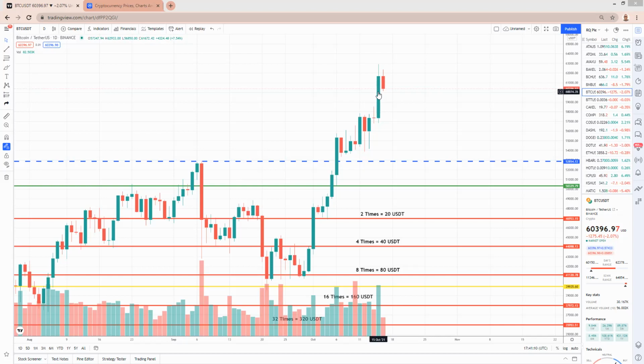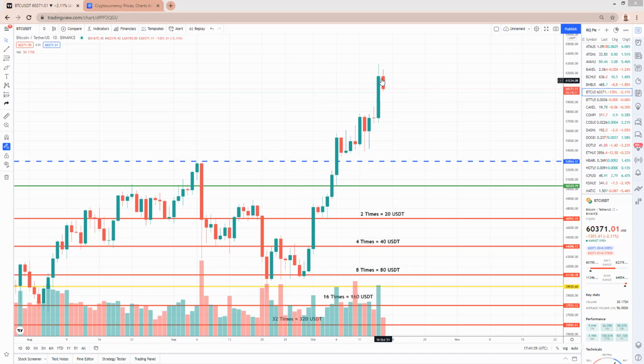Now, what determines the color of a candlestick? Or even before I go there, what forms a day? We are on a day's chart here. What forms a day is 24 hours, and what forms an hour is 60 minutes. Meaning within a day's candlestick there are 24 divisions in total.